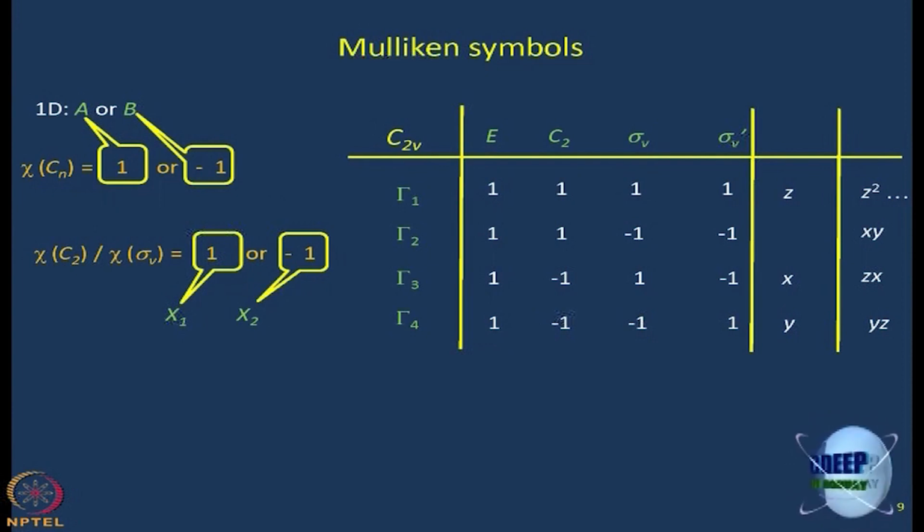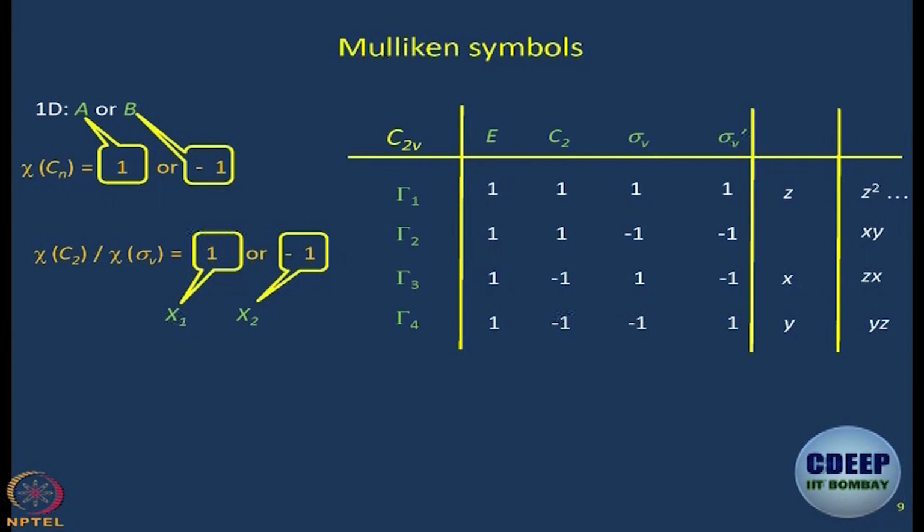Because if I want to know the character of xy, all I have to do is multiply the corresponding characters, right. 1 into 1, that is 1, minus 1 into minus 1 is plus 1, 1 into minus 1 is minus 1, minus 1 into plus 1 is minus 1. So, xy belongs to gamma 2 and hopefully Manthan is now happy. We have found something for his favorite irreducible representation, gamma 2.